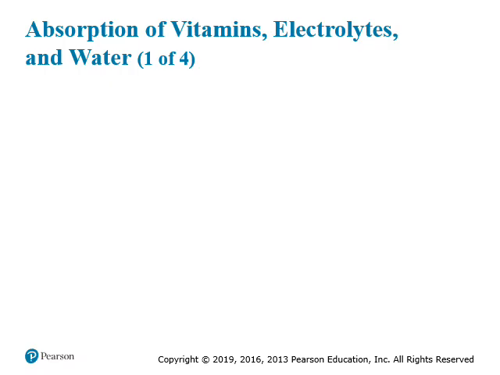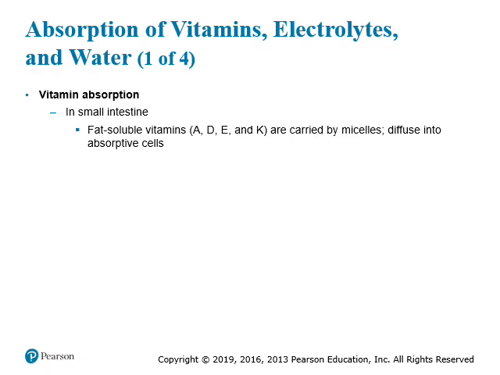Let's take a view at the absorption of vitamins, electrolytes, and water. Vitamin absorption happens in the small intestine. Fat-soluble vitamins A, D, E, K are carried by micelles and diffused in the absorptive cells like any other fat.